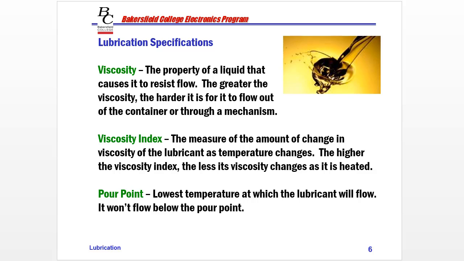Now in our engine, we'll have a much lower viscosity, or even an automatic transmission. So different types of machines are going to take different types of viscosities based on the engineering and design of the particular machine. So sometimes we require a small amount of lubricant with a thicker viscosity to lubricate all of our wear parts.